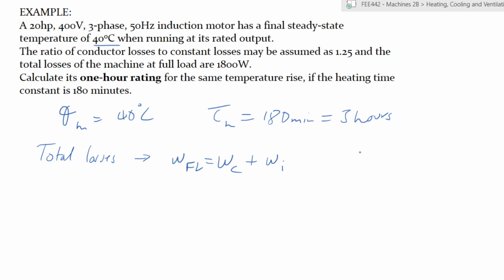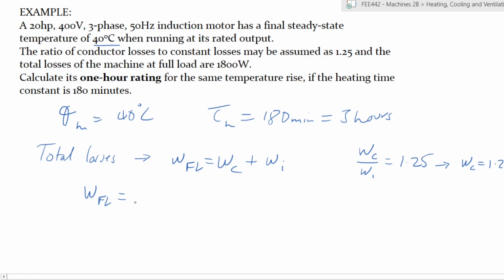And we've been told the ratio of the two, Wc over Wi, is equal to 1.25, which means that Wc is equal to 1.25 Wi. So that means that 1.25 Wi plus Wi is the total full load losses. And that gives us 2.25 Wi.